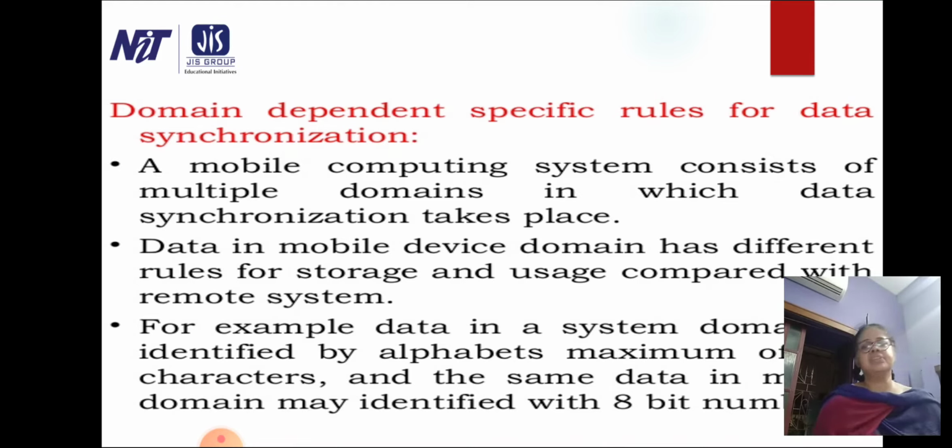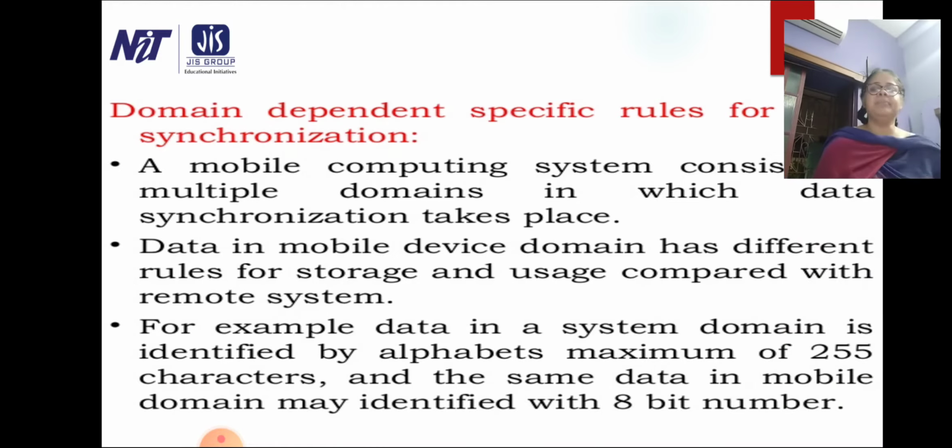Now we return to domain dependent specific rules for data synchronization. A mobile computing system consists of multiple domains in which data synchronization takes place. Data in the mobile device domain has different rules for storage and usage compared with the remote system.